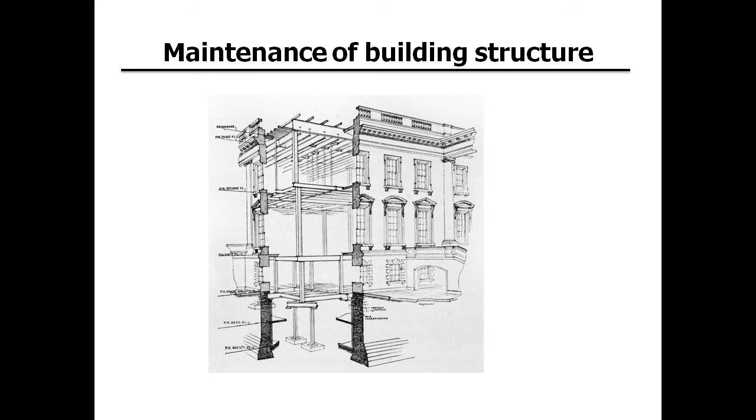So if we take a look at maintenance, we can divide it into like the building structure and also the services. And looking at the services, it's interesting to note that probably 80% of all preventative maintenance is in redecoration.